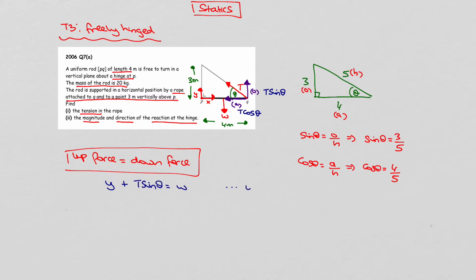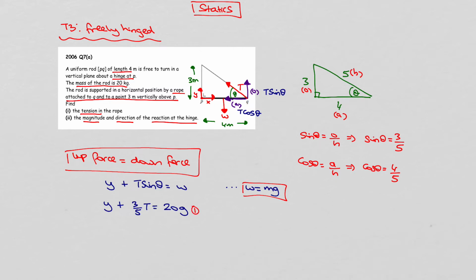But we know that weight is equal to mass times gravity, and because we were given the mass of 20 kilograms of the rod, I can therefore say that this is now going to be written as Y plus T, and sine theta is 3 over 5, and weight is going to be mass times gravity, so in other words 20 times g. So that's my first equation.